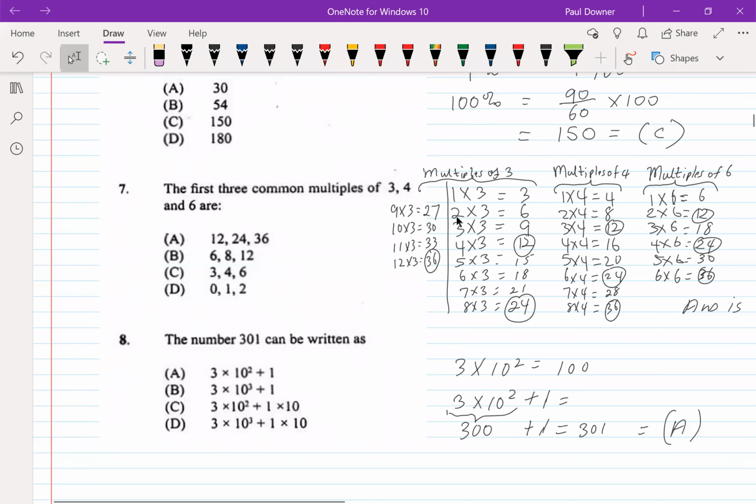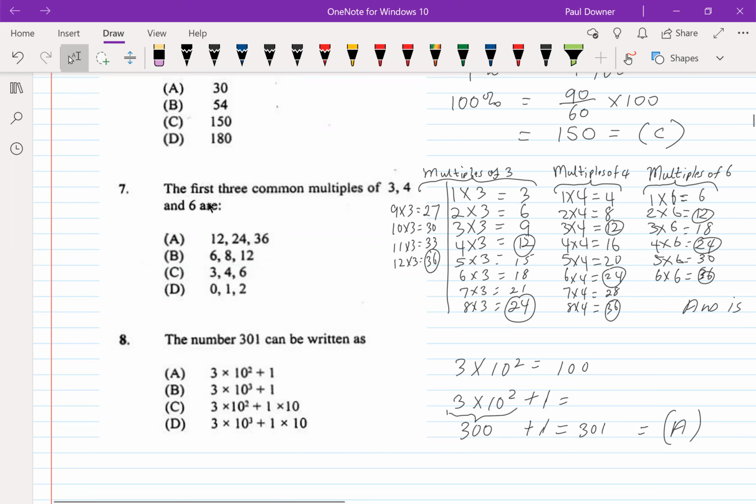The second multiple will be 2 times 3. The third multiple will be 3 times 3, and so on. Similarly, for 4, the multiples of 4 will be 1 times 4, 2 times 4, 3 times 4, and so on. And then the multiples of 6, same thing, 1 times 6, 2 times 6, 3 times 6.